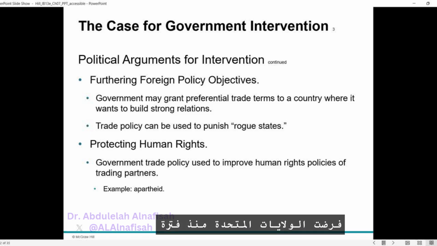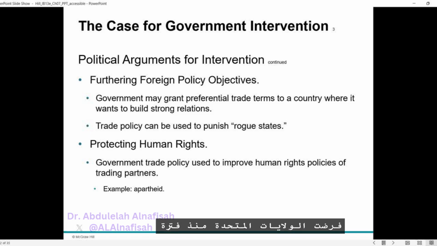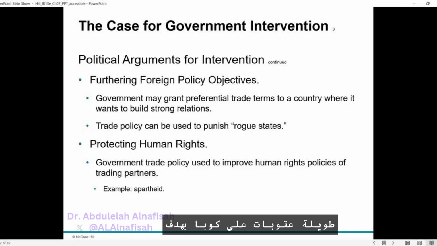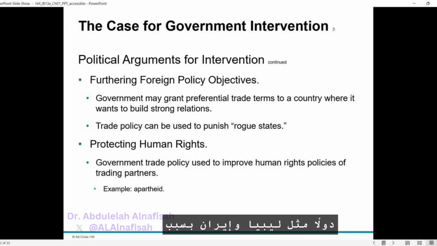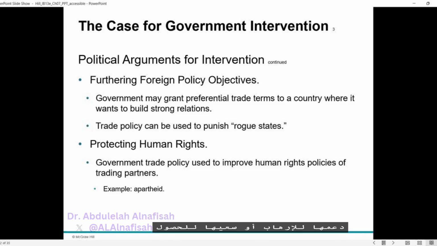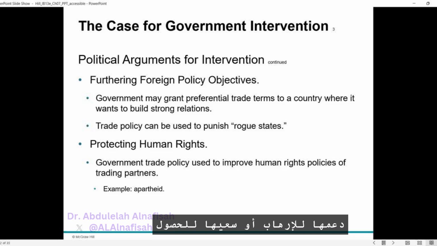Similarly, the U.S. has long maintained sanctions against Cuba to weaken its communist regime, hoping economic hardship would lead to political change. Trade sanctions have also targeted countries like Libya and Iran for supporting terrorism or pursuing nuclear weapons.